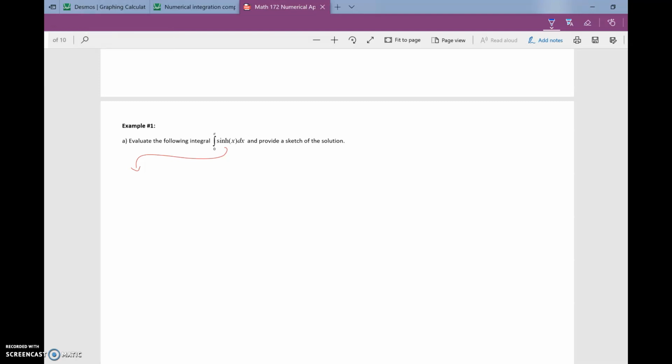Now, if we were going to evaluate the actual integral, we would be looking at the integral from 0 to pi of the sinh function of x dx, and in this case, we're just going to get the cosh function of x, which we're going to evaluate from 0 to pi. So we're going to get the cosh of pi minus the cosh of 0. And then from here, you can evaluate it and obtain a decimal approximation. Let me plug it in.